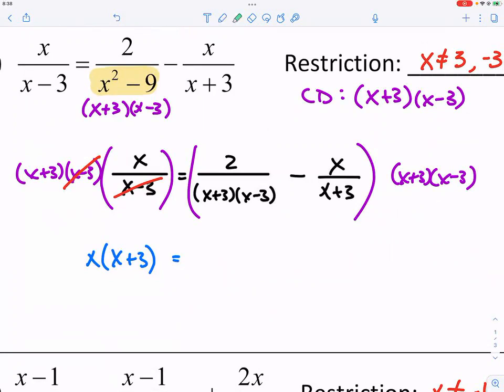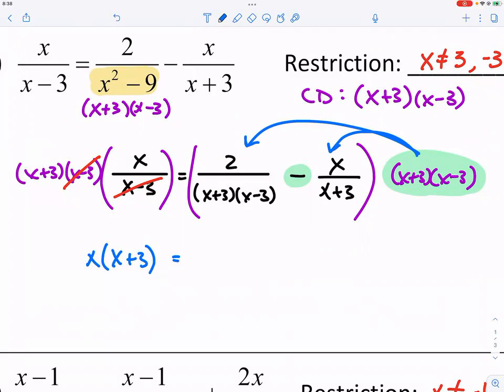Please be aware that this is subtraction, and we have something on the outside being multiplied. And that means it will be distributed to both terms.